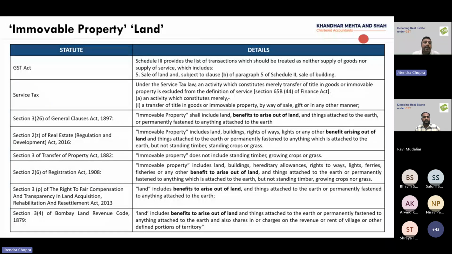This is the main constitutional argument taken before High Courts, and it becomes important in GST because the taxpayer generally argues that development rights or FSI are nothing but benefits arising out of land, whereas the department tries to treat such things as taxable services. This distinction is actually the base of many ongoing disputes under GST. Many recent High Court matters are still pending, so the law in this area is still developing.